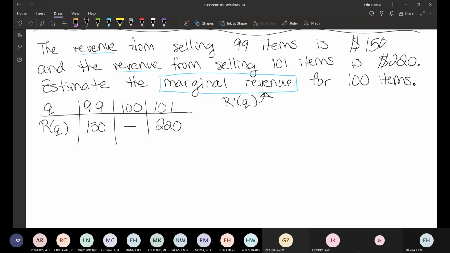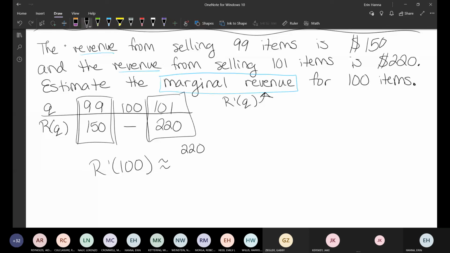What we can do instead, though, is because we still know what it is on either side, we'll estimate this derivative value by taking the average rate of change between those two numbers that we know.